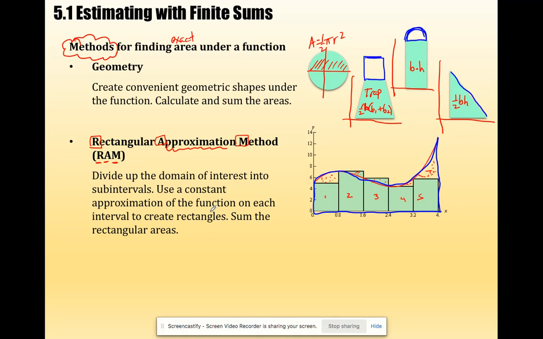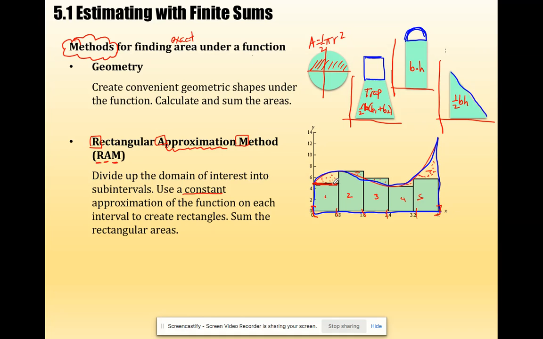So how I do the rectangular approximation is I divide up the domain, start, stop, chop, chop, chop, chop, and then I pretend I'm constant. I go up to the function and pretend it's constant for this width of 0.8. I pretend that the function has the same height.